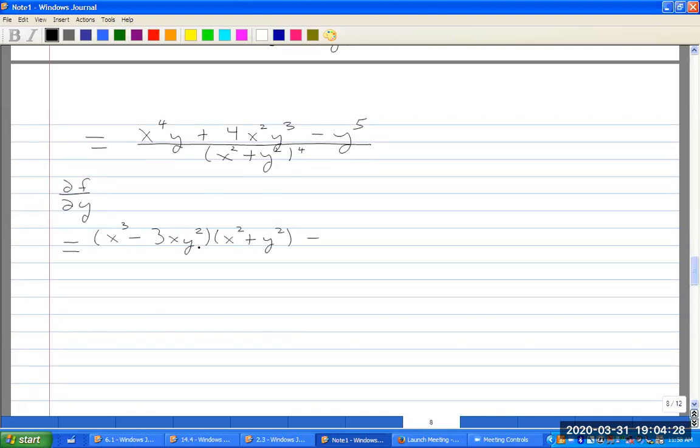Okay, minus the numerator, x^3 y minus xy^3, times the derivative of the denominator, 2y, all divided by the denominator squared.